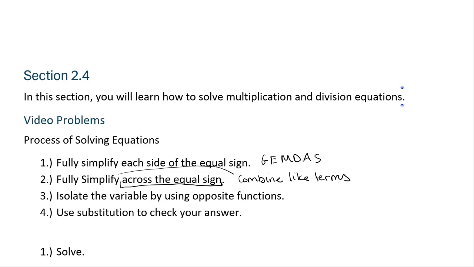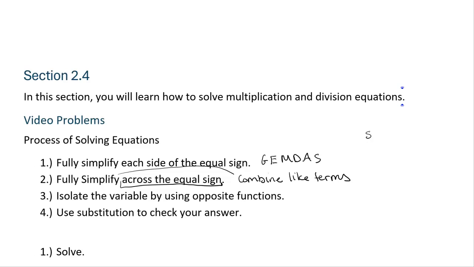All right, and then you isolate the variable by using opposite functions. And in fact, and I'll show this to you as I do some examples, when you're working across the equal sign, everything is opposite from the function that you're using to the order of operations that you're using.